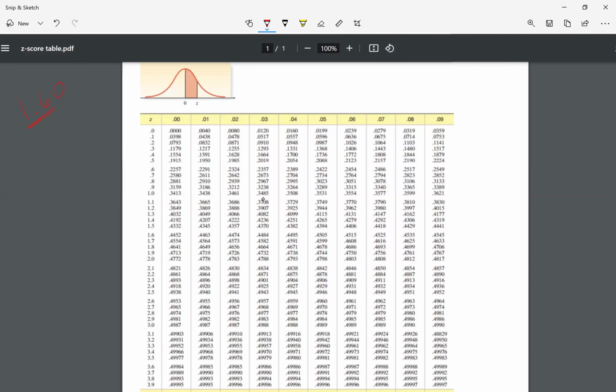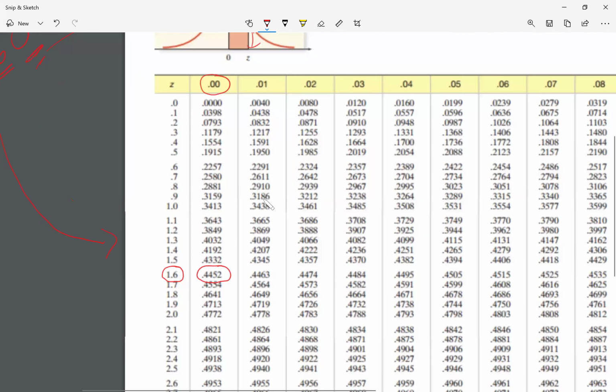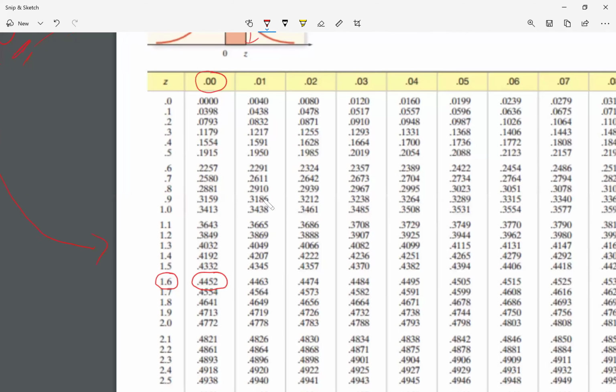So I'm going to look at 1.6 here on the left, and then my 0 here on the top. So 1.6 here on the left is right here. My 0 is right here on the top. So 1.60 gives me 0.4452. You guys see it? Let me zoom in so we can see it. 1.60 gives me 0.4452.